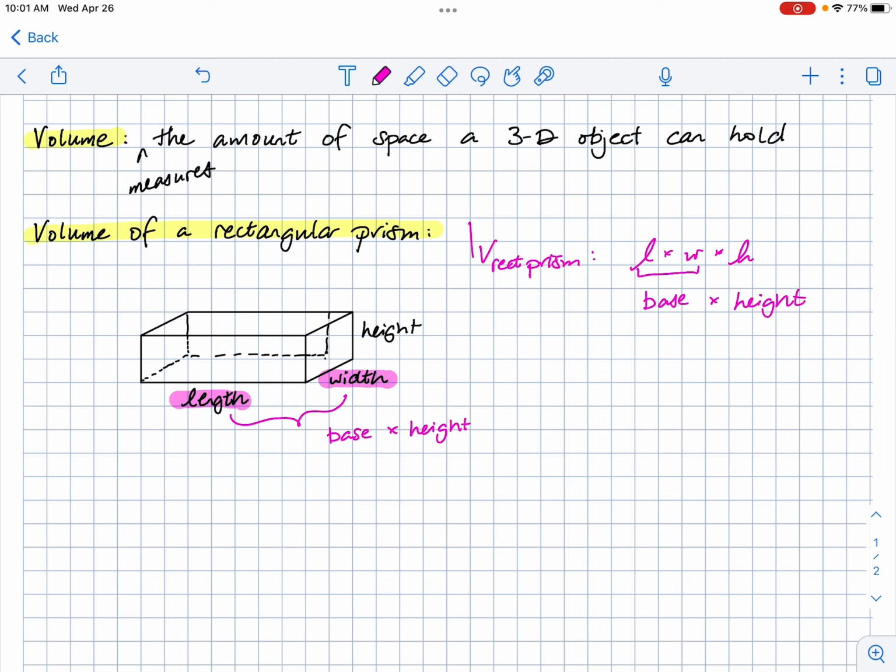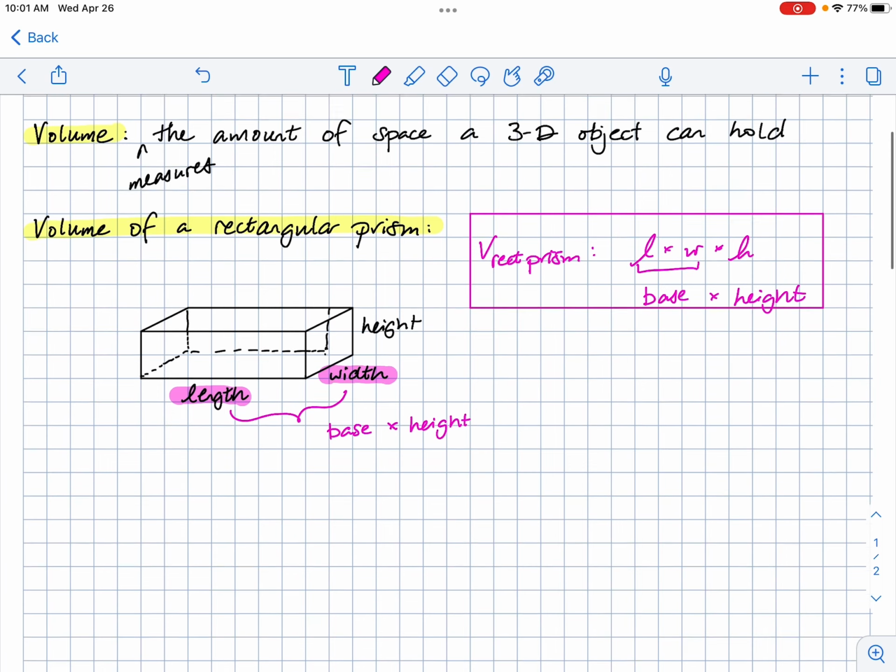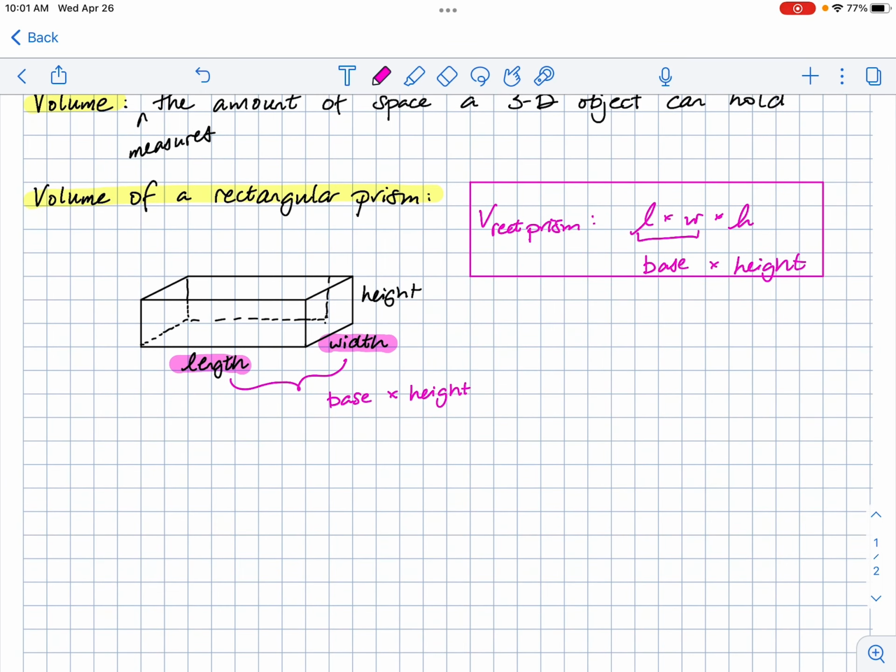I'm just going to box this out as a reference point, because we're going to move on to the volume of a cylinder now. What I want you to see is the connection between the formulas, because all you're doing with volume is adding in that third dimension. You are multiplying 3 dimensions.